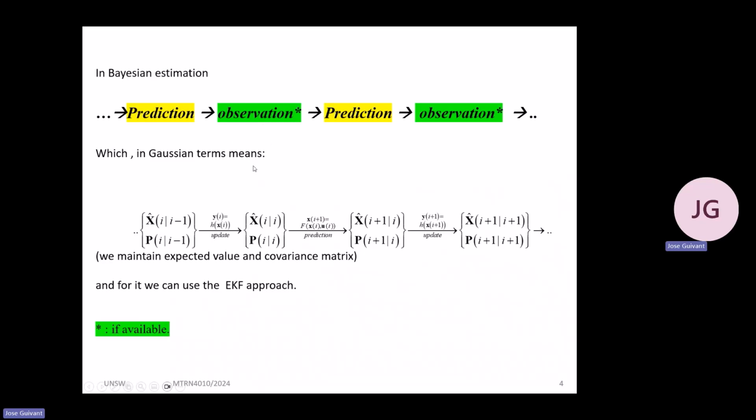Sometimes there will be no observation. Yes, sometimes it may happen that we don't have the opportunity to measure anything or to measure any variable that happens to be an output of the system. Sometimes we don't. And you saw this in project number 1. Yeah, sometimes it does happen.